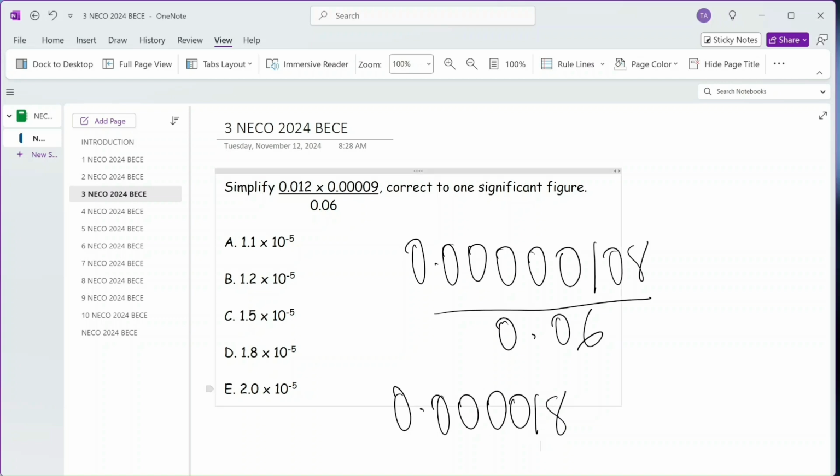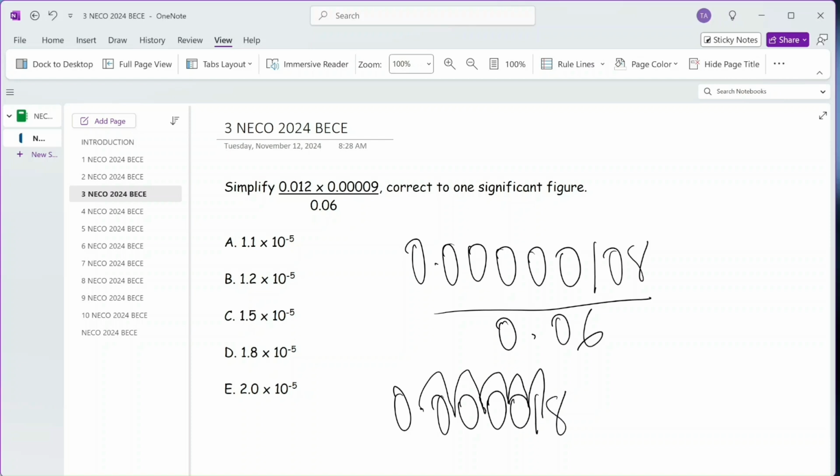Looking at the options, we should know that D should be our answer because it is the only option with 1 and 8, like 18 here, and the decimal has come in between 1 and 8, that's behind the first real digit from 1 to 9. So we're stopping here. Move the decimal from this point to this point. We move 1, 2, we are moving in between the digits, so 3, 4, 5.